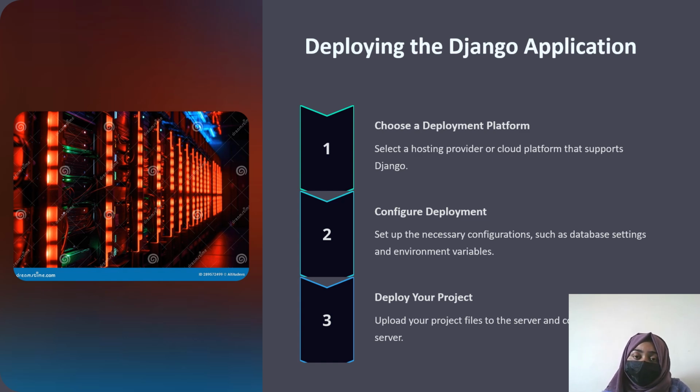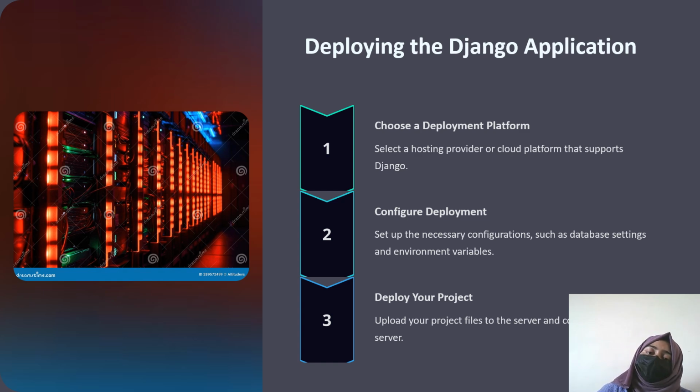So the project should be completed by us, and then deployment is chosen after the testing. After testing, the deployment is done to a platform that supports Django. If a platform does not support it, there is no use of that cloud platform. Support for Django is compulsory.